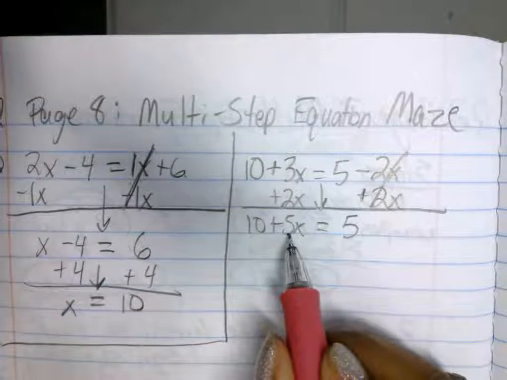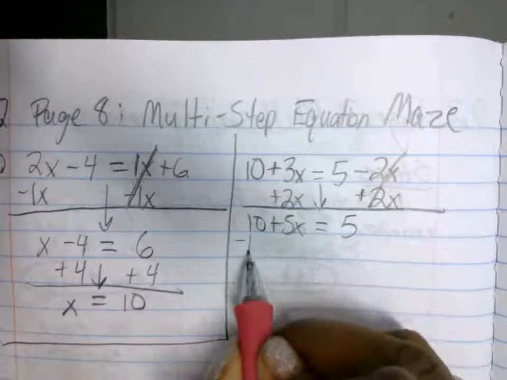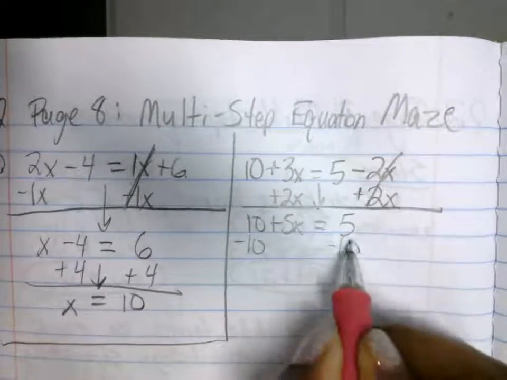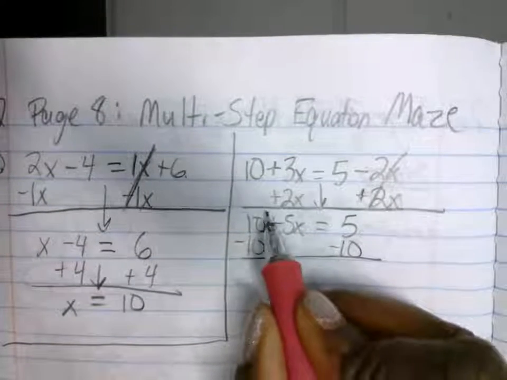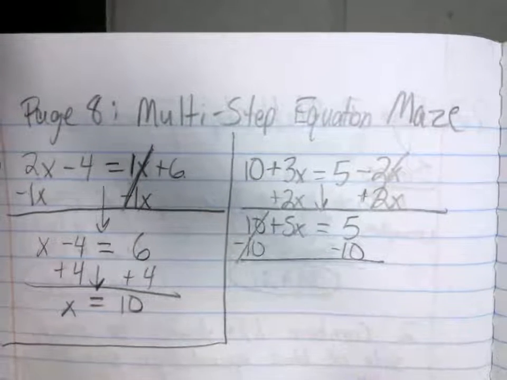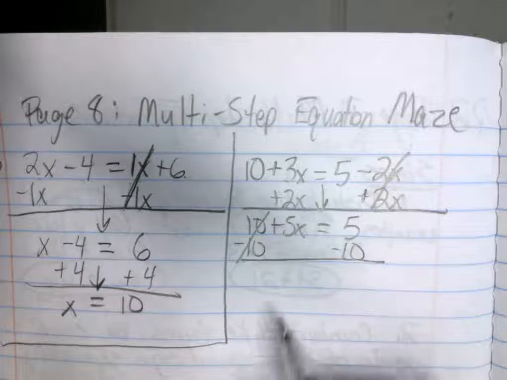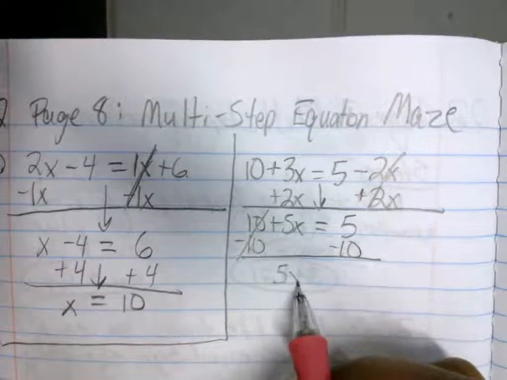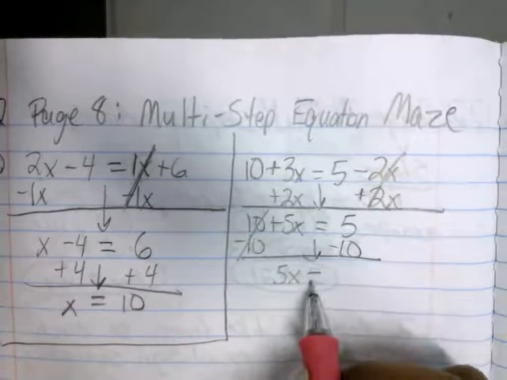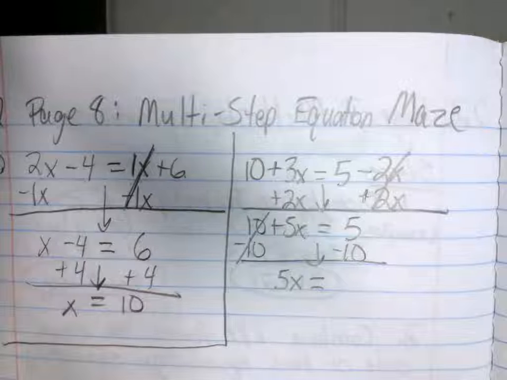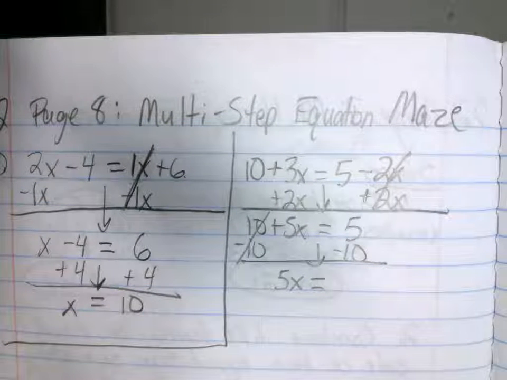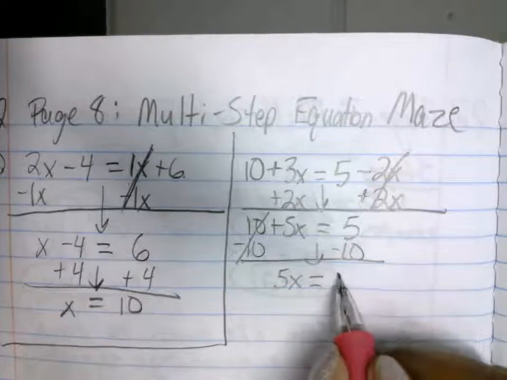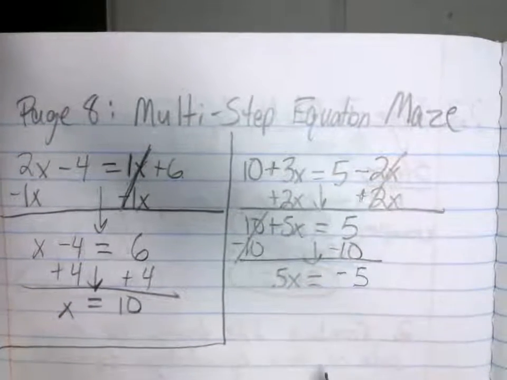All right, so now we're going to get x by itself by subtracting 10 on both sides. 10 minus 10 gives me 0. And we're left with 5x. Bring down the equal. This is going to give me a -5.